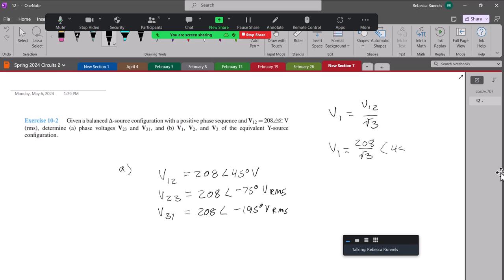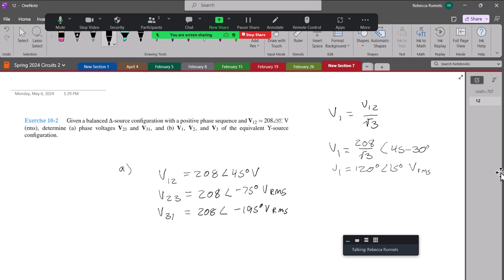So it'll be 45 minus 30 degrees, and that 30 degrees is always what you're going to do. And so this gives us 120 degrees, angle 15 volts RMS.